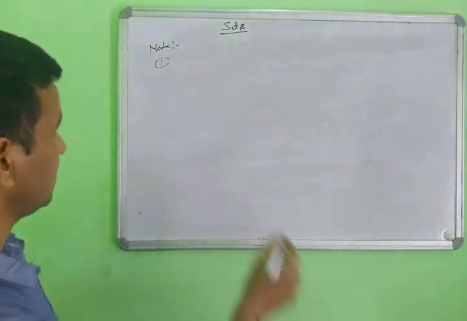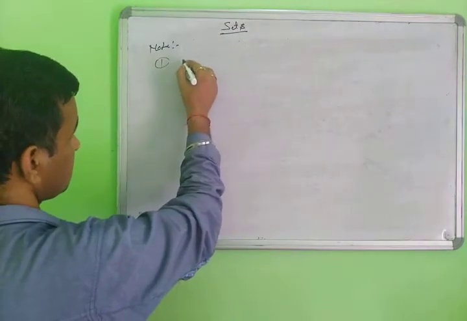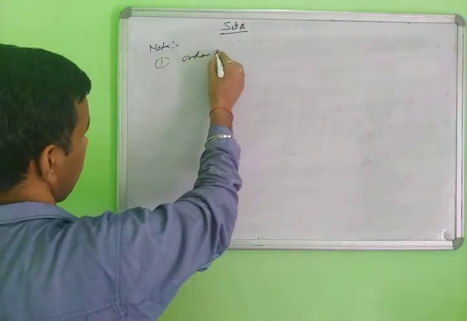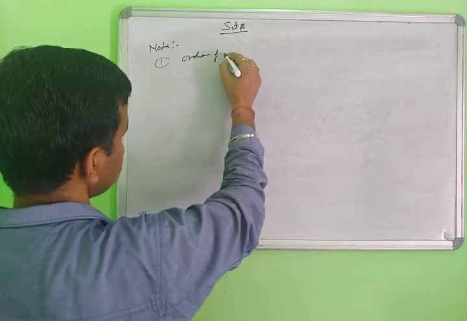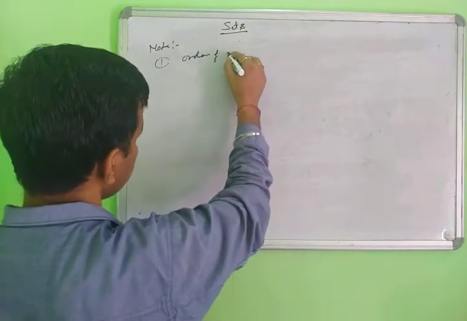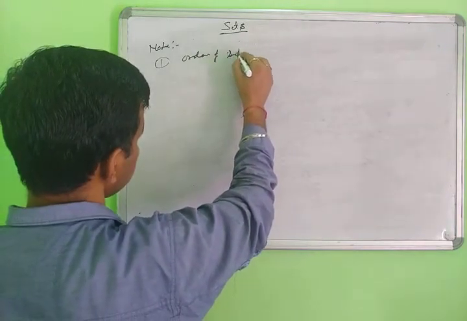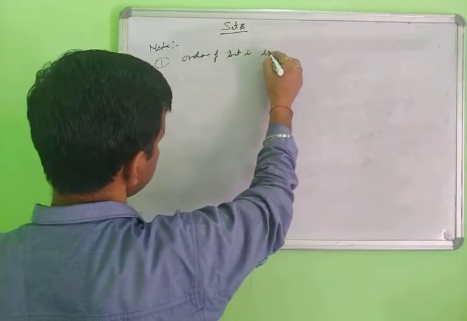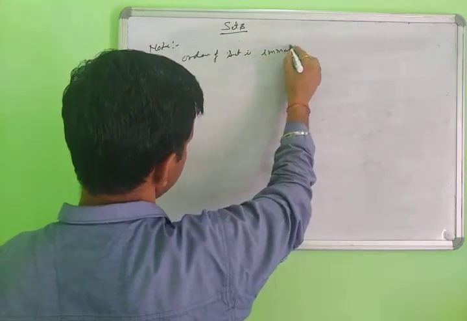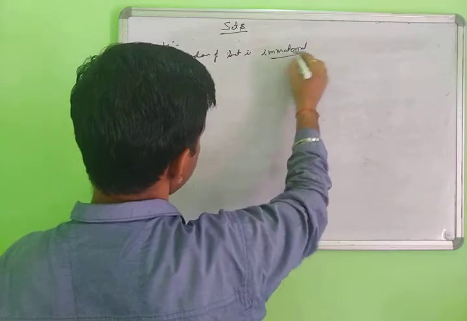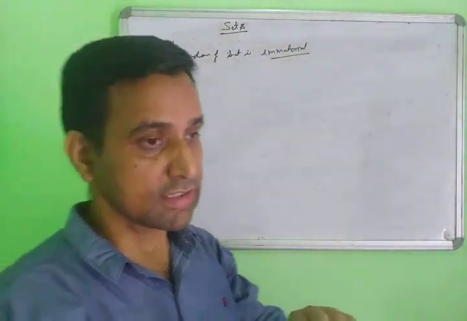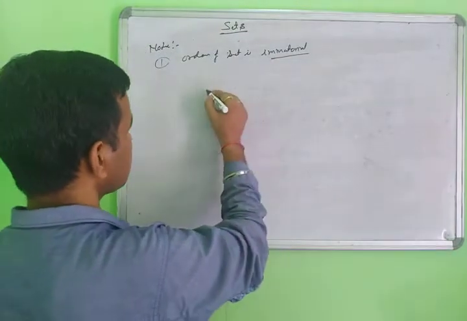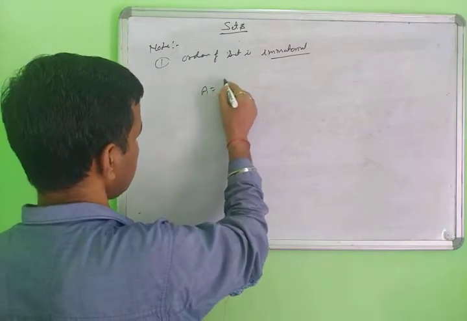The first is that the order of the set is immaterial.